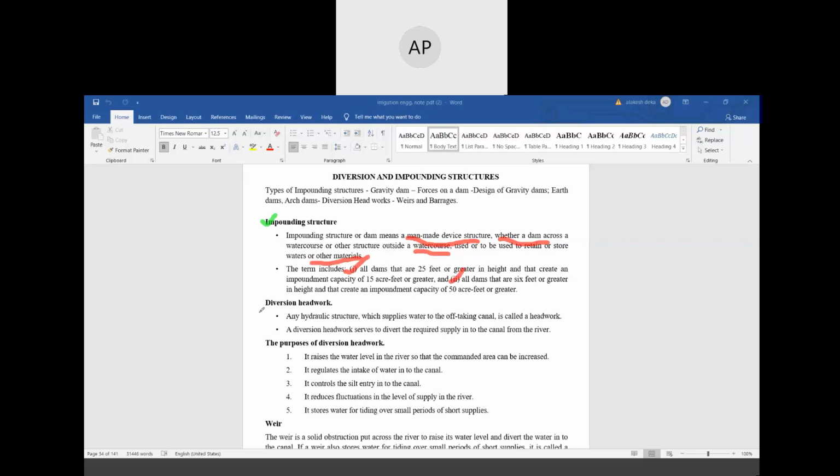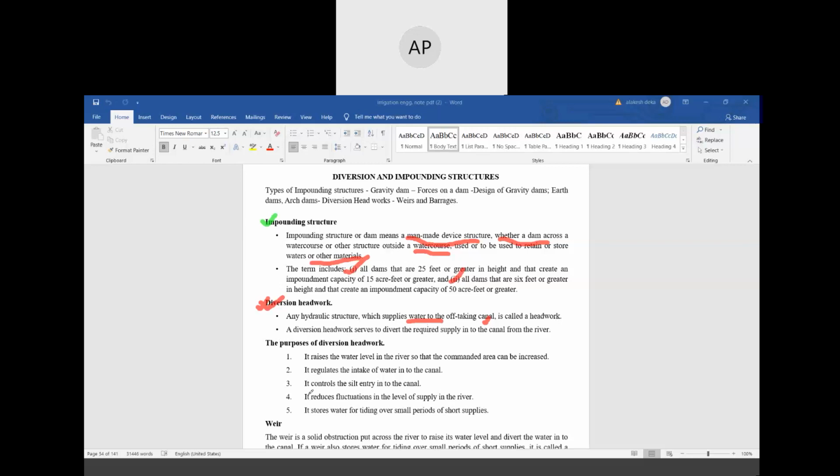And what do you mean by diversion headwork? Any hydraulic structure which supplies water to the off-taking canal is called a headwork. A diversion headwork serves to divert the required supply into the canal from the river.